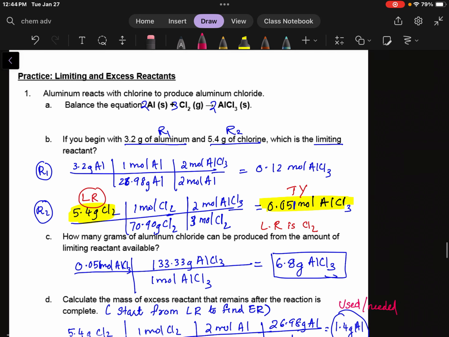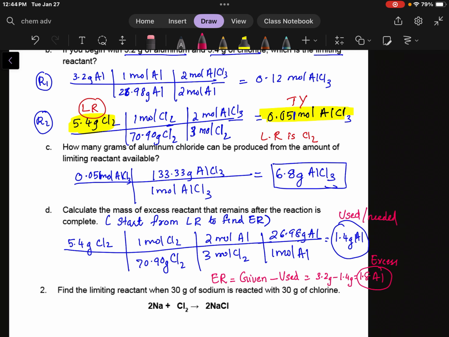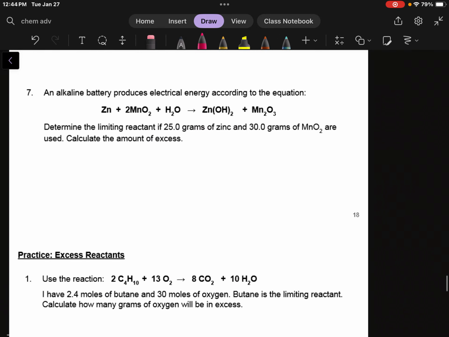Okay, that's how we are doing it. I already did one practice for you, and let's continue like that and do all the practice.